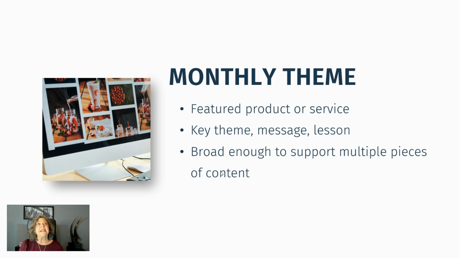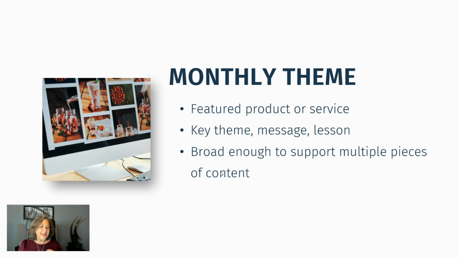And maybe your business isn't necessarily product focused, but you've got some key messages that you return to over and over again, key lessons that you want your audience to grasp. Go ahead and assign those to a month each. Your monthly themes need to be broad enough to support multiple pieces of content.